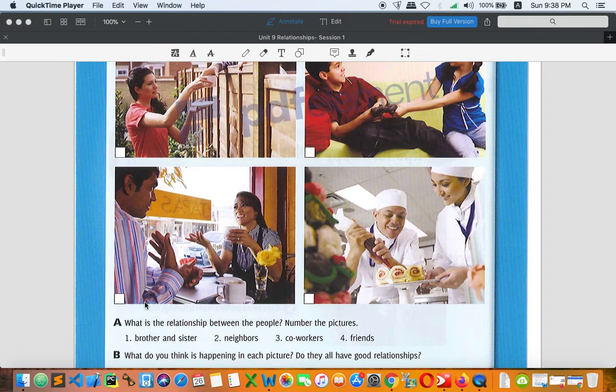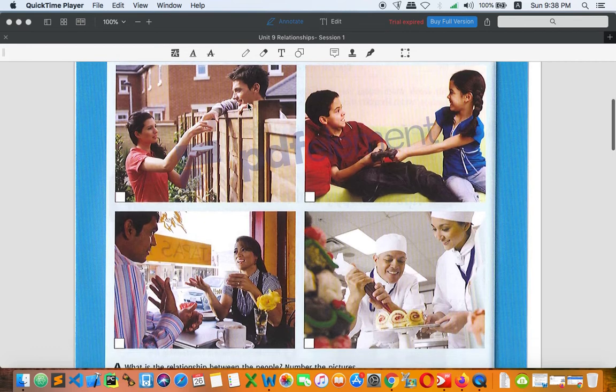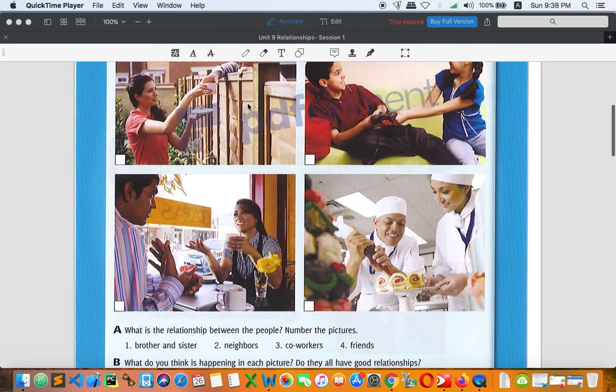Okay, so right here we're going to number the pictures. The first one, we have brother and sister, neighbors, co-workers, and friends. As you can see right here, in the first picture, she is on one side and he is on the other side. So we can simply say that they are neighbors. All right, neighbors. And look at these 2 kids, for sure, brother and sister, which is number 1, right?